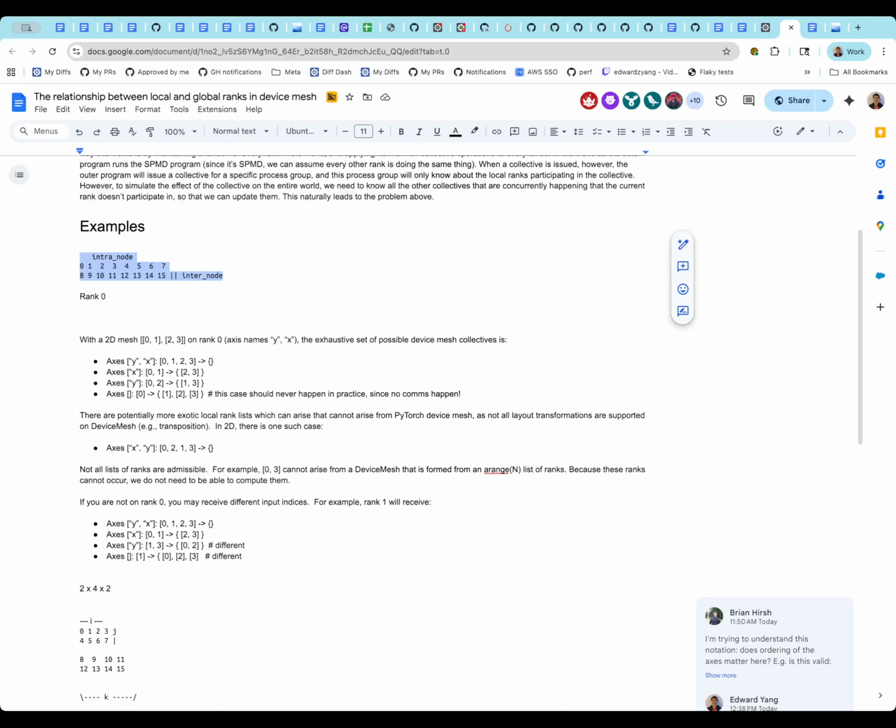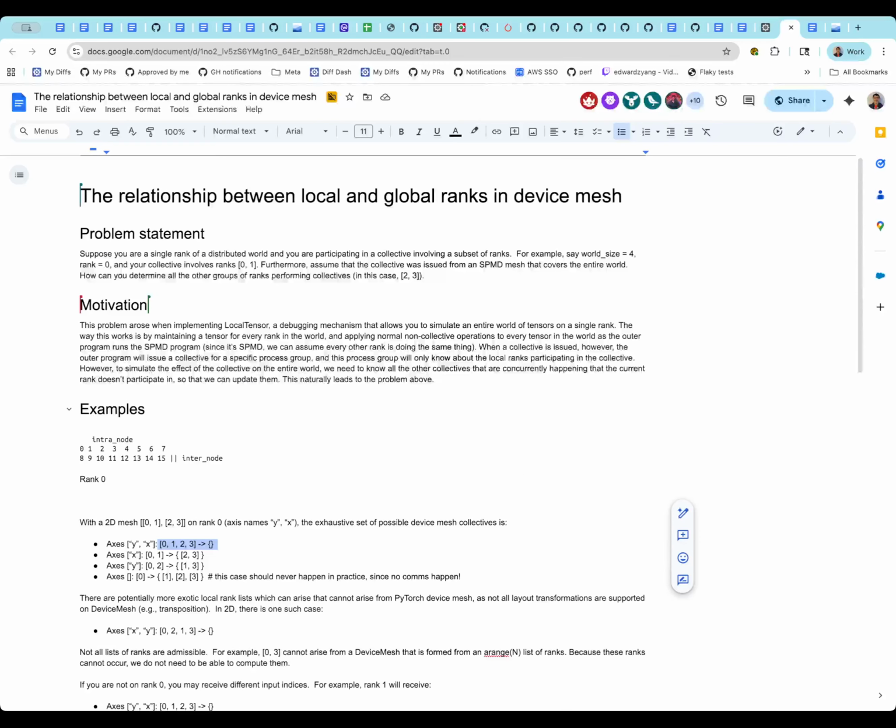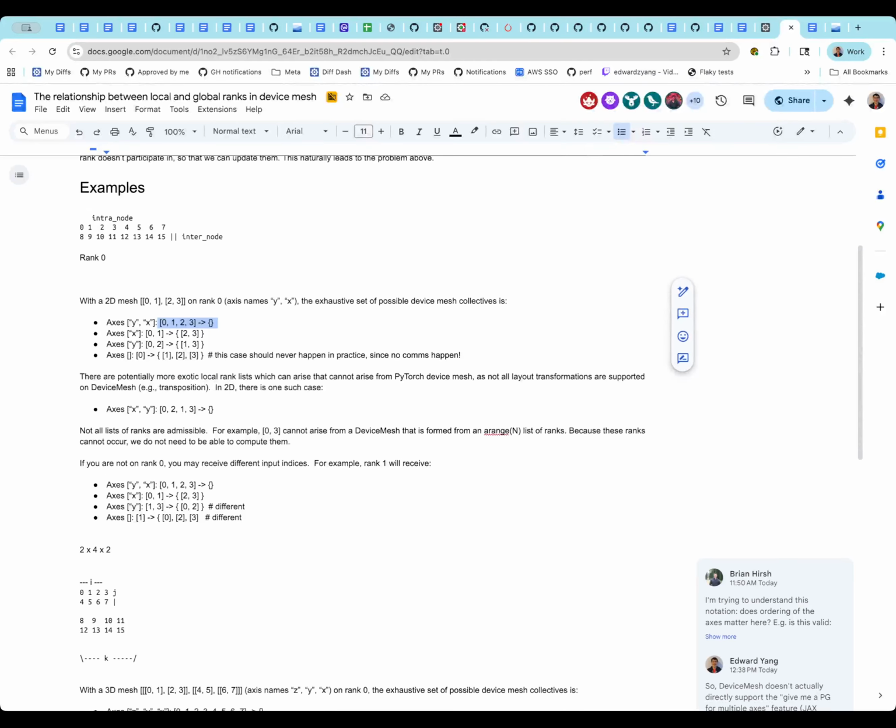Okay, so what's the arrow? Okay, let's talk about this. Right, so this post was not actually about explaining how to get from a device mesh axis to local ranks. It's about, given a set of ranks which are participating in a collective, can you figure out what the other ranks are doing in the situation?